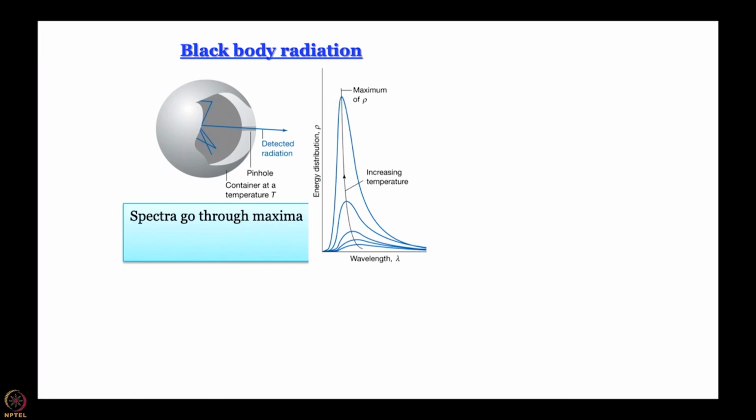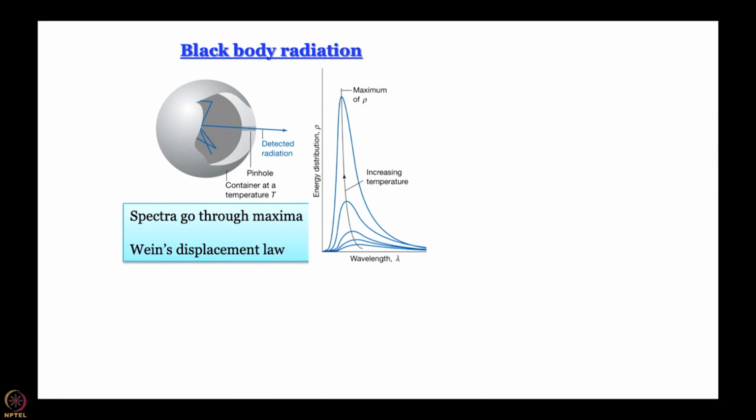Then Wien's displacement law, which I am sure all of us have studied in class 11 physics, says that this maximum moves to higher energies as the temperature is increased. There is a mathematical relationship which is not really of relevance to us in this course, so I am not going to write it.